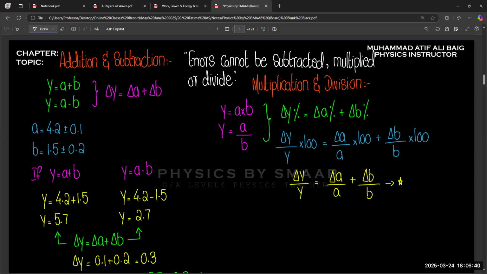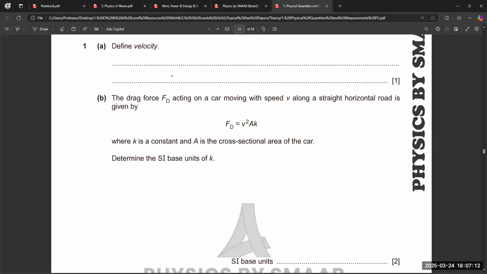And for example, if we consider some questions related to uncertainties, because from the first chapter, most of the time we observe in the past papers that we have questions related to the SI units.